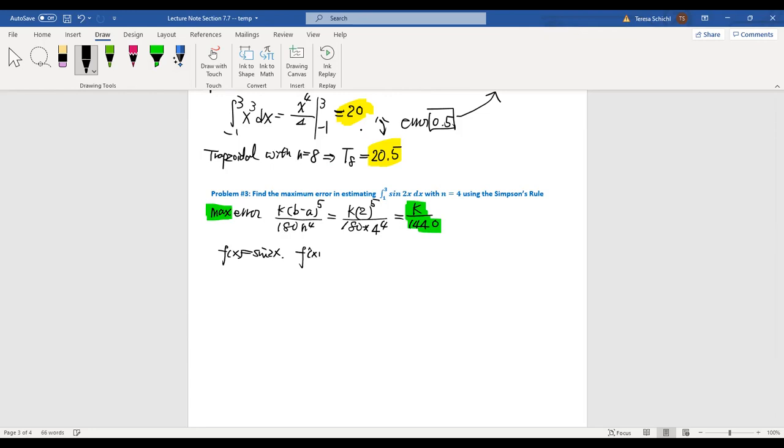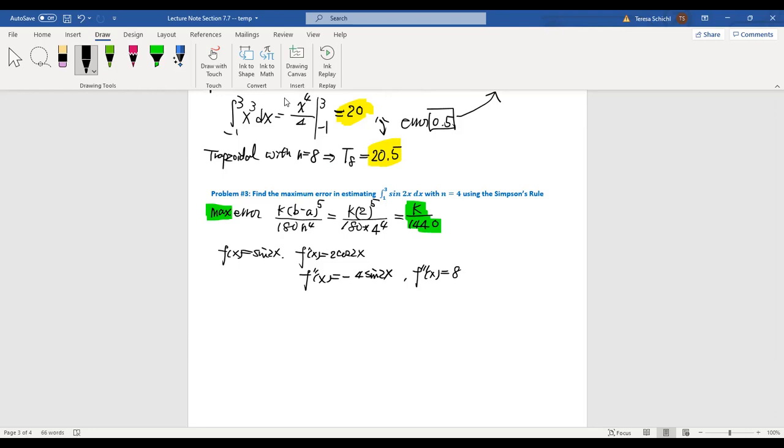Then f prime of x is 2 cosine 2x. f double prime of x is negative 4 sine 2x.